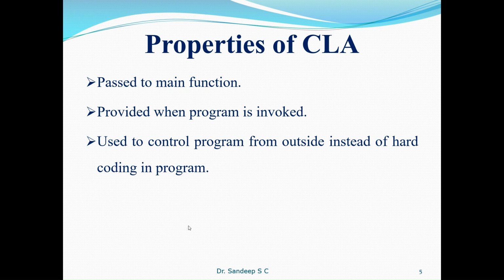We can pass some arguments from the shell and control the operations or the execution flow of the program from outside, instead of writing everything as part of the program body. So command line arguments provide us that flexibility.